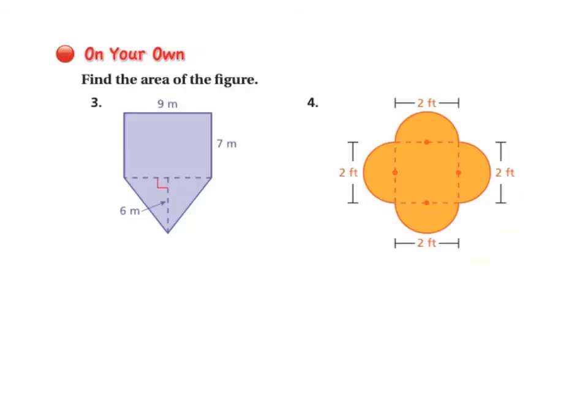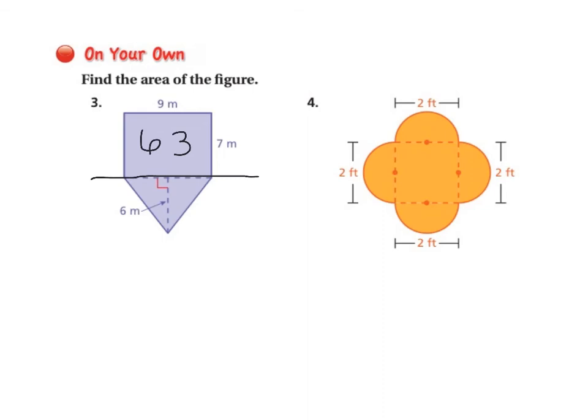So let's do these on your own practice problems together. So we're going to split this into a rectangle and a triangle. So 9 times 7 is 63, so that's the area of the rectangle.